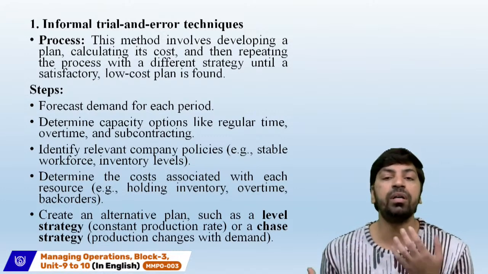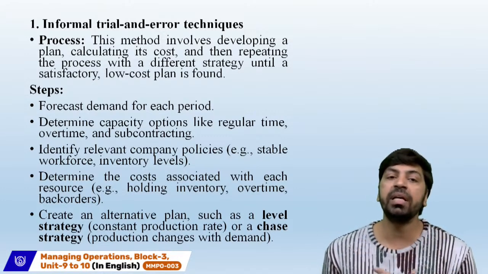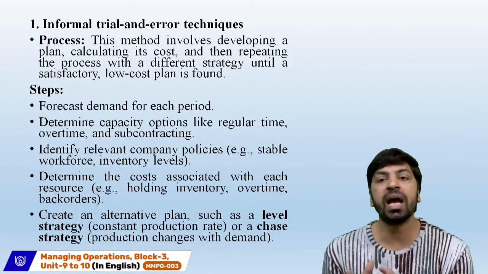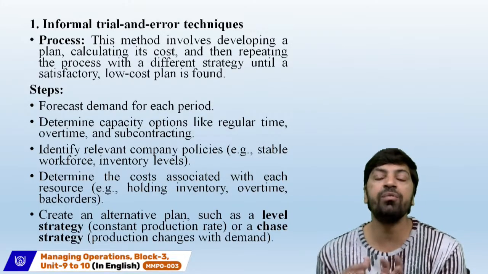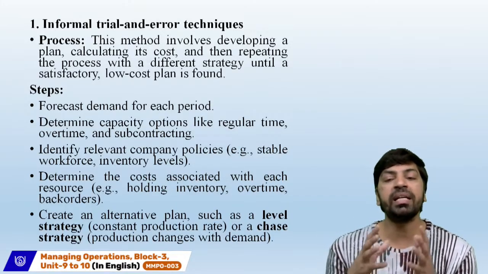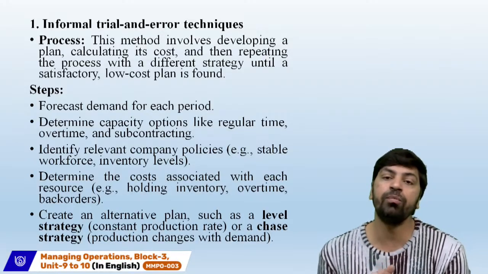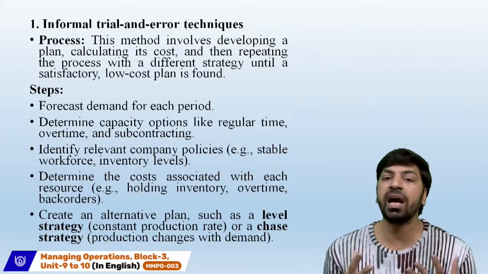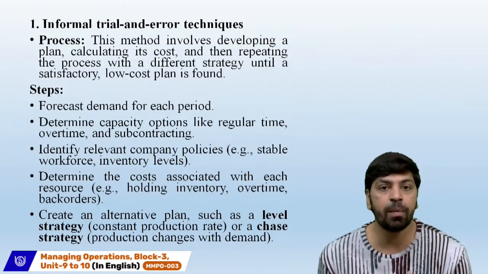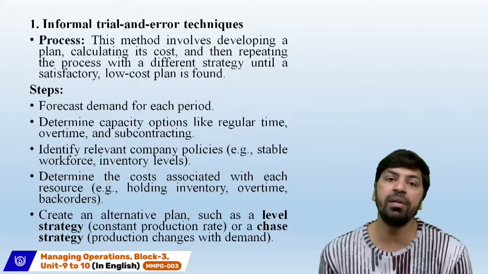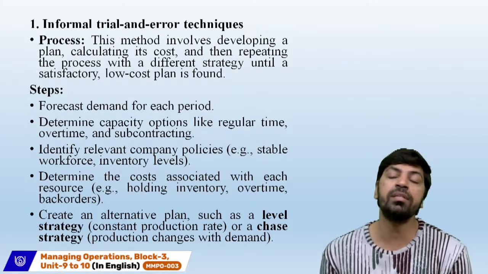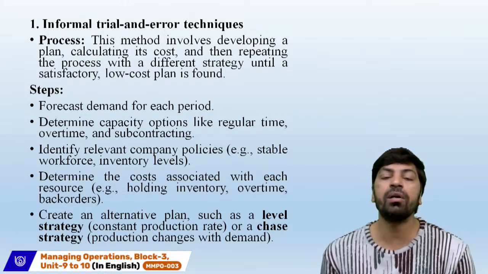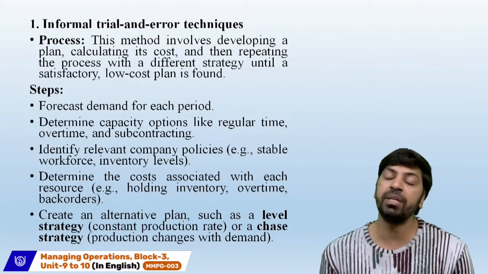Or on the other hand, the company can choose the chase strategy, where they need to equalize or match the demand with the production, or just maintain a balance between these two main variables. So that could be the chase strategy. So once we forecast, determine the capacity options, look at the company policies, and determine the cost, then we come to choosing the strategies or approaches the company could go for.